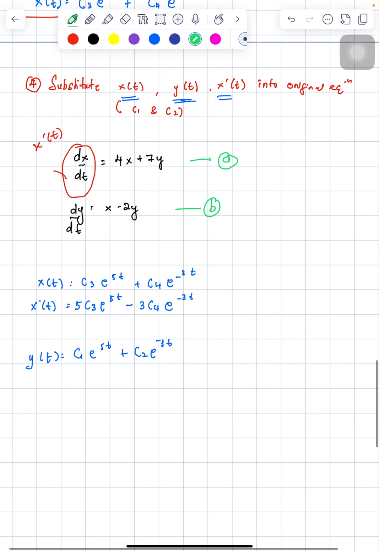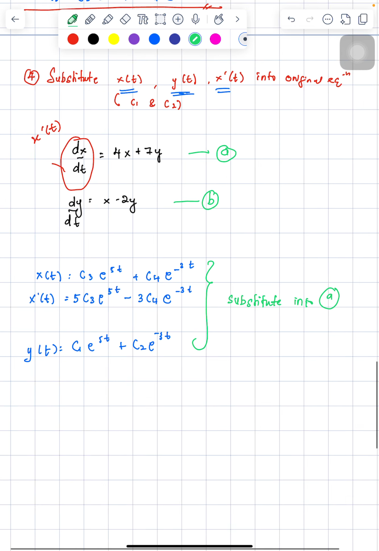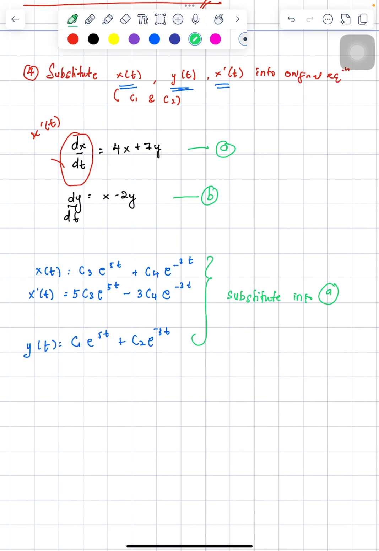Okay, we have to substitute all this into equation A. So dx over dt is x prime t. Our x prime t is 5 c3 e to the power of 5t minus 3 c4 e to the power of negative 3t equals to 4x.